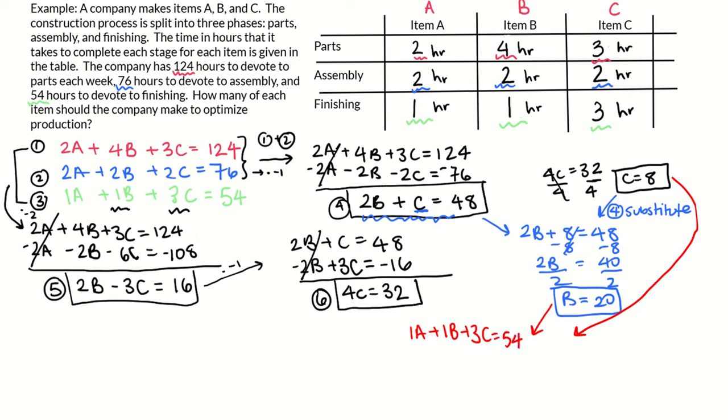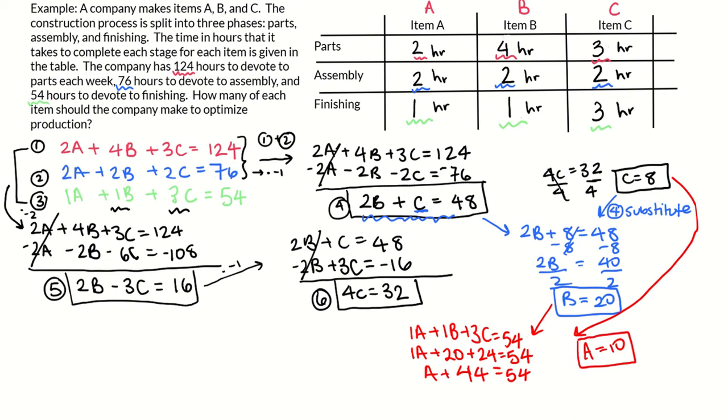So plugging in, we get 1A plus 1B, B is 20, plus 3 times C, and C is 8, so plus 24 equals 54. Combining terms, we get 1A, or just A, plus 44 equals 54. Subtract 44 from both sides to get that A is equal to 10.